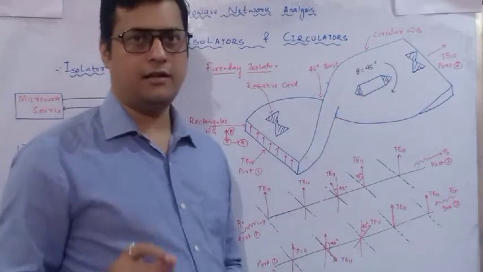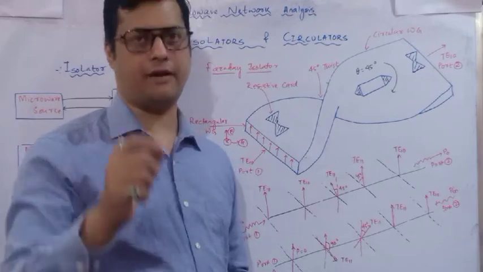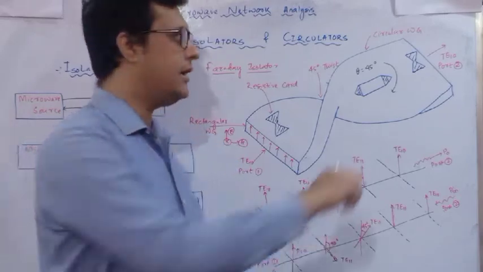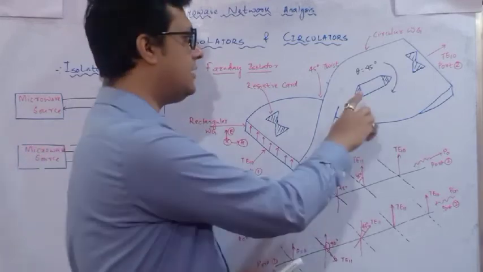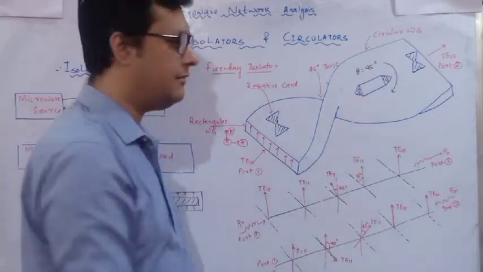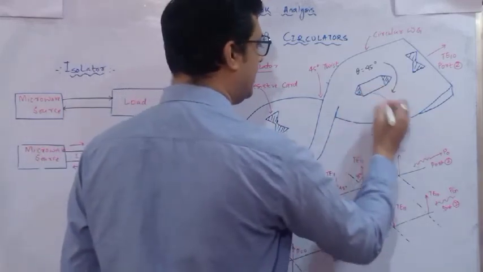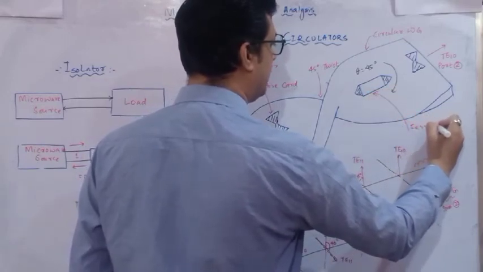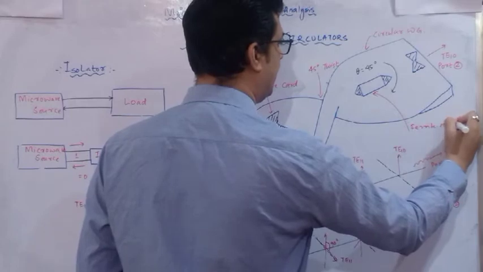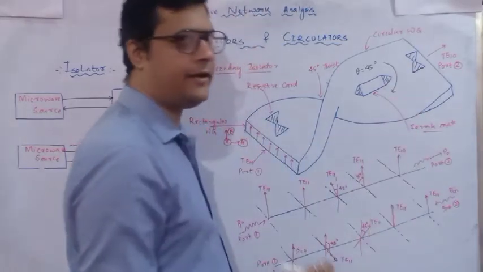ferrite material which is having an edge of 45 degree. It will rotate. It is a rotation. This 45 degree angle it will rotate. It is called ferrite material. And this rotation is called a Faraday rotation.